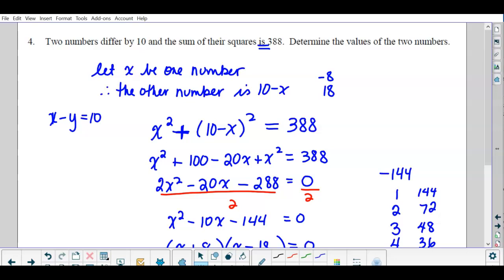Did I do it wrong? It should be x minus 10. Oh, it should be x minus 10 is what I should have here. Okay. Is that what you were going to say? No.